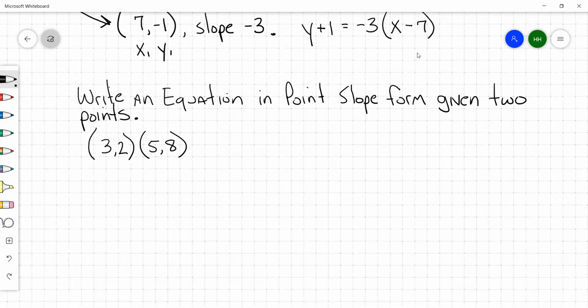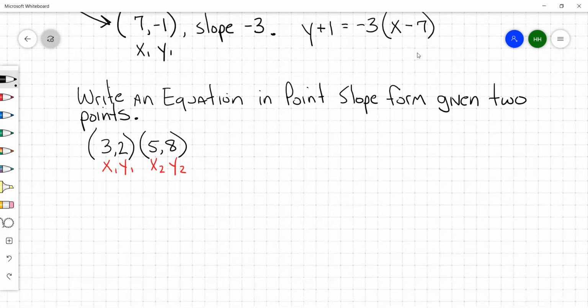In the previous problem, you were given a point and you were given the slope and you wrote it in point-slope form. Now you're just given 2 points. So you need to find the slope. The first thing you do when you're given the 2 points is you find the slope. So I would label these. Here's my x1, y1, my x2, and my y2.